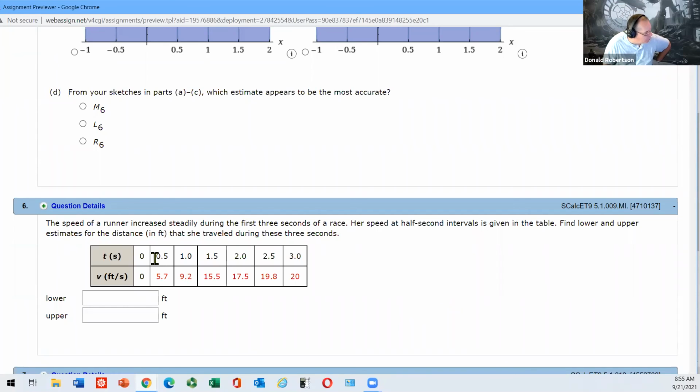Now, there is 1, 2, 3, 4, 5, 6, 7 numbers in this table, right? I am not going to get an L7 or an R7. Because there are 7 numbers, won't I be getting an L6 and an R6? So let's suppose I do the L6. See this one here at the end? Don't use it.